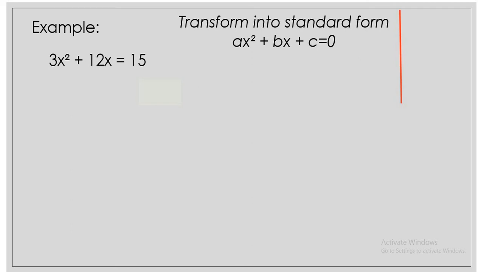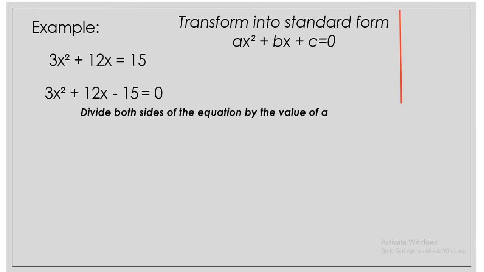However, if your equation is already in the standard form, skip step 1. Now, the method that we're going to use here is the subtraction property of equality. We will use the additive inverse of positive 15, which is negative 15. And don't forget to write 0 to complete the equation.